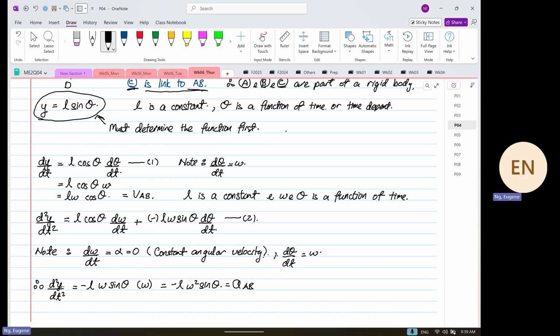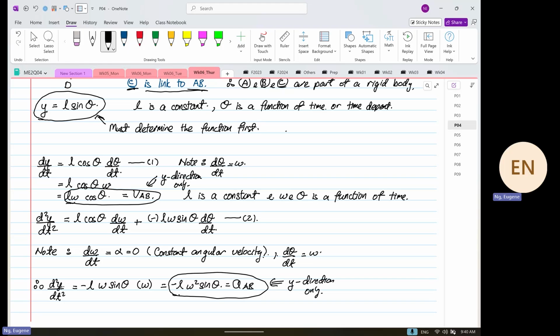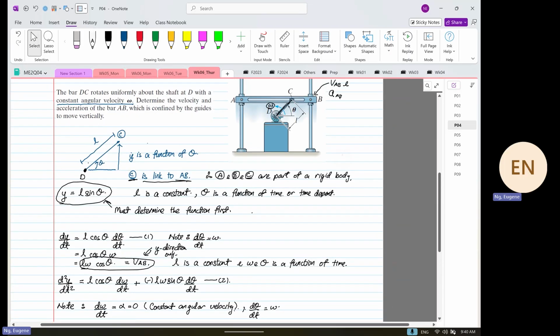Okay. So what you realize over here, right? Both this value over here and this value over here, right? They are all for the what? Y direction only. Likewise, this is also for your Y direction only. And why is it only for your Y direction only? When you see diagrams like that, right?